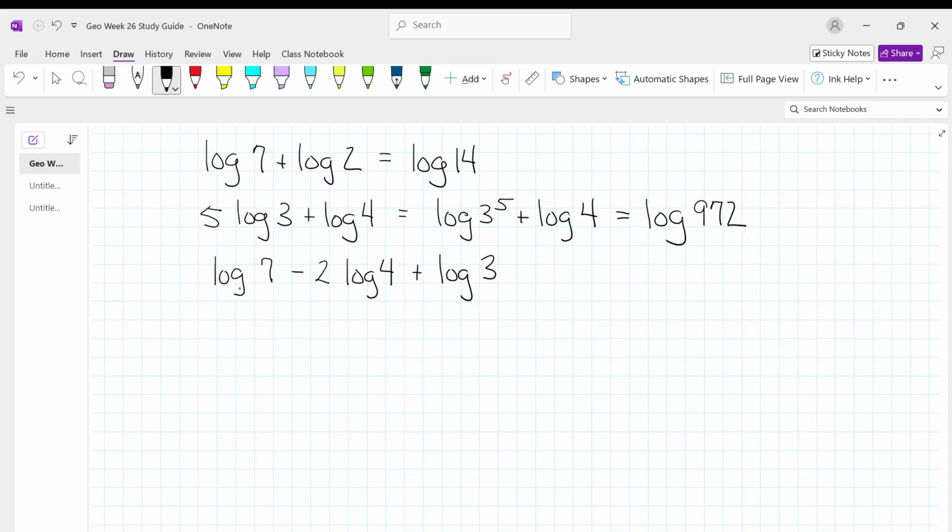We would combine or simplify the first two logs. So log 7 minus 2 log 4 is the same as log 7 minus log 4 squared plus log 3.